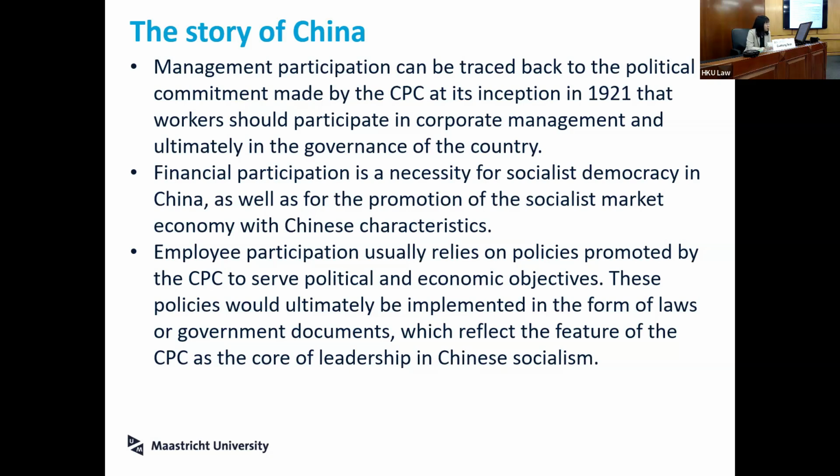And also for the promotion of the socialist market economy, especially after 1978, when China implemented the reform and opening up policy, China generally implemented a stockholding reform. At the time, many state-owned enterprises were partially privatized.